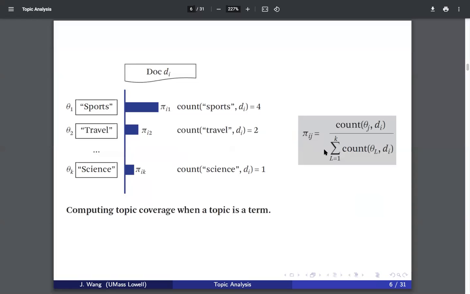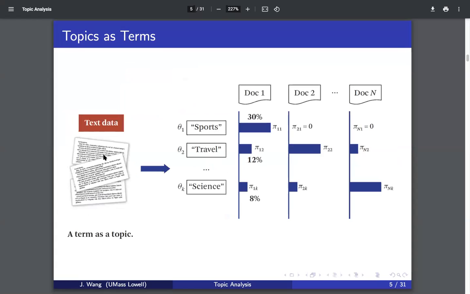So we do a maximum likelihood estimation, looking just at the words themselves. We have K topics, and we identify a keyword for each topic: sports for this topic, travel for this topic, and science for this topic. There are similar words for sports, but I just ignore them.